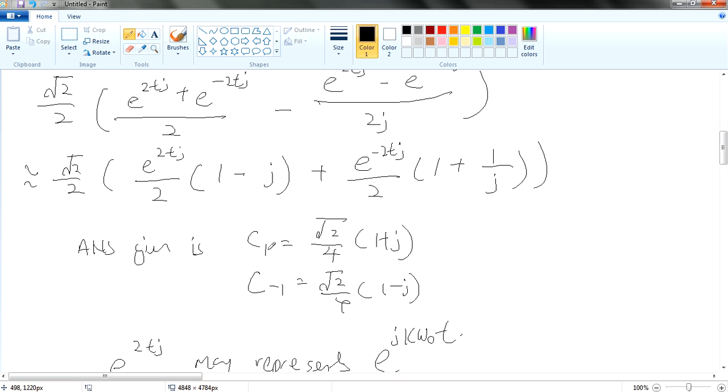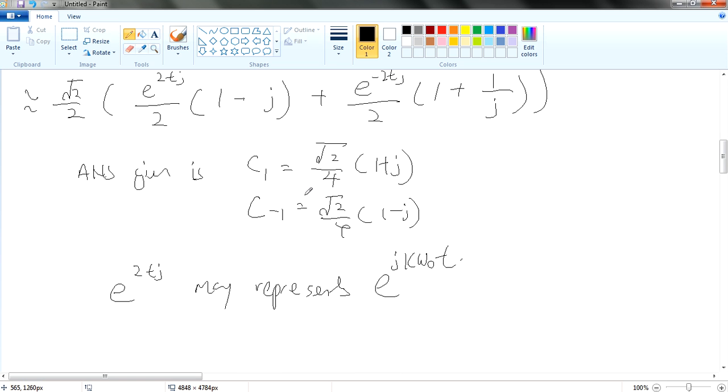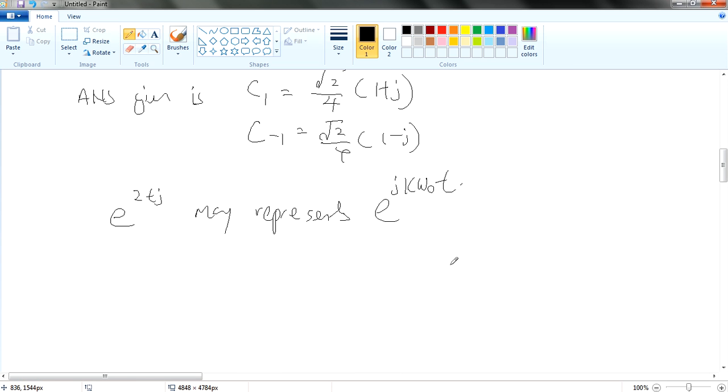How do you know which is 1, which is minus 1? How do you know which is k? So from here, 2tj, therefore I can say that 2 is with regards to k and omega. Okay, so omega is in terms of pi.